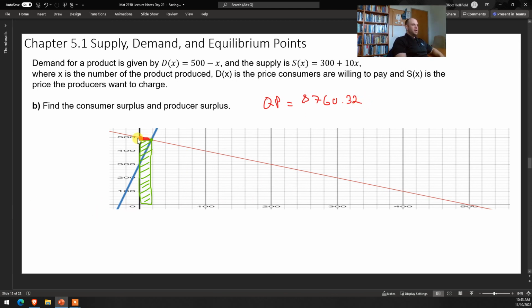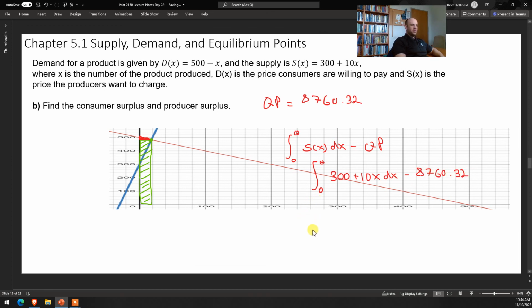Now the area that we're interested in will be given by the integral from 0 to Q of S of x dx, minus Q times P. That is the integral from 0 to Q of 300 plus 10x dx, minus 8760.32.